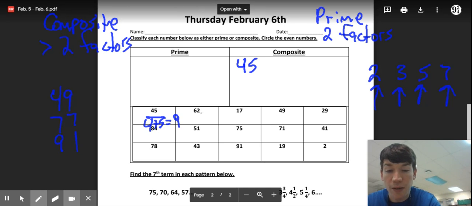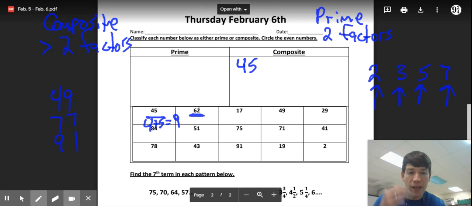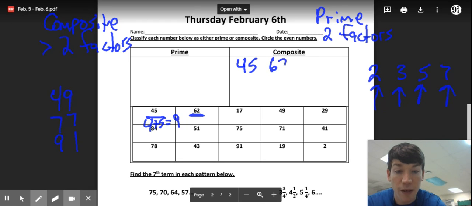All right. Next number is 62. Is it a multiple of 2? It's an even number, so yes. So it has at least 3 factors, 1, 62, and 2. So I would say it's a composite number. Next, 17. Is it an even number? No, it's an odd number, so it's not a multiple of 2. Is it a multiple of 3?